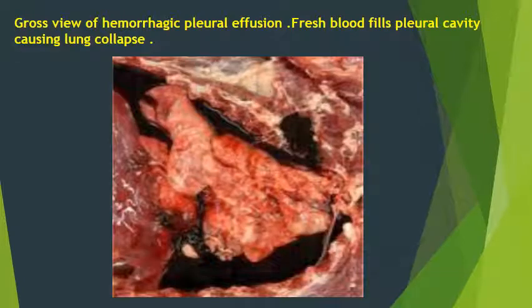This is blood, it is hemorrhagic pleural effusion, fresh blood in the pleural cavity, which causes lung collapse. That is another cause of lung collapse: accumulation of fluid or blood in the pleural cavity.